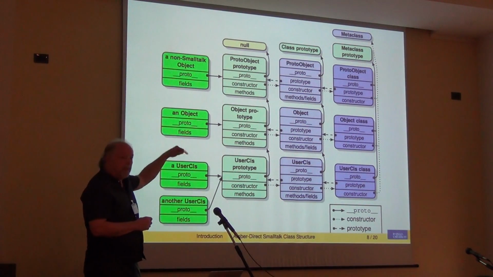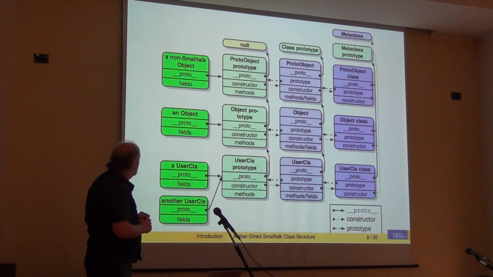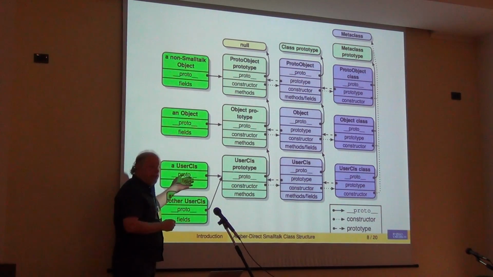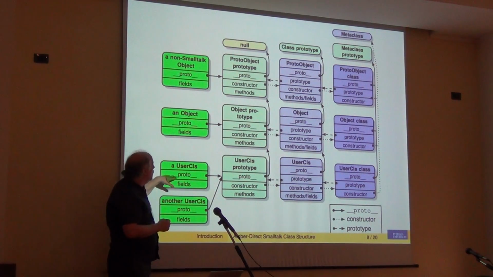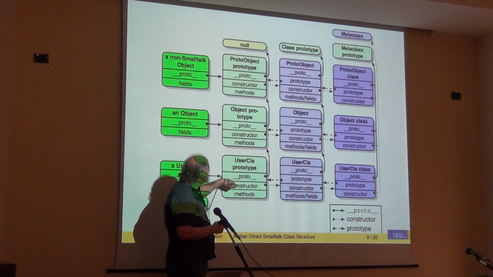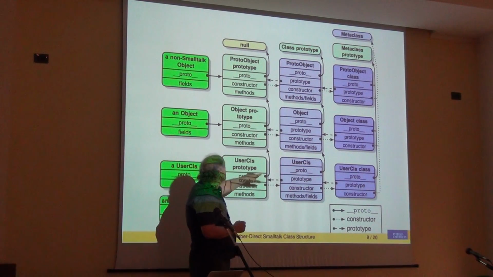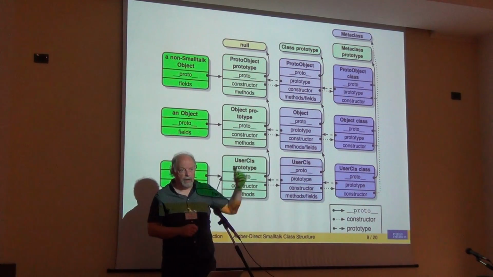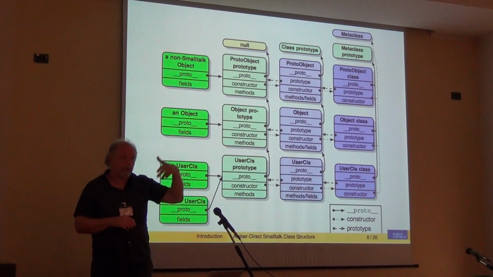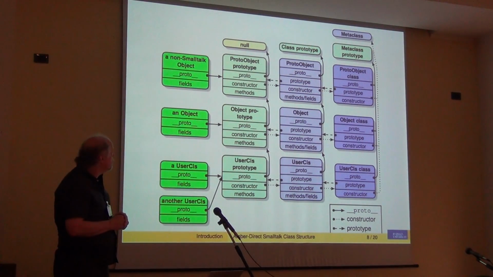Then the method tables are all linked together. So when you call a method on your instance, it will not be here because we're only storing fields here. It will follow the proto to here. We'll look through the methods here. If it doesn't find it, it will follow the proto to the superclass method table and so on up the line.